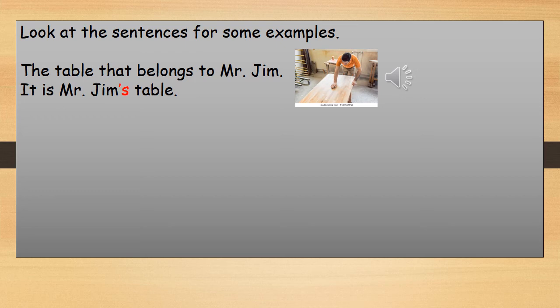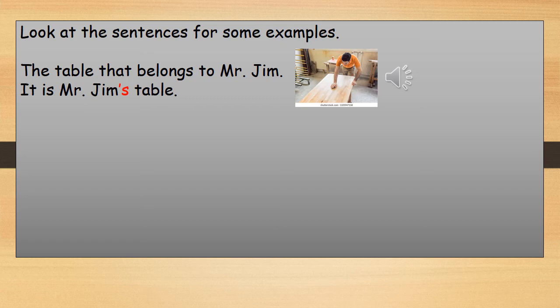This sentence is correct, but it is a little bit long. So we use apostrophes again to help make our lives easier when speaking. It is Mr. Jim's table. Again, we can see Mr. Jim is the person's name, and we add apostrophe S to show who the table belongs to.